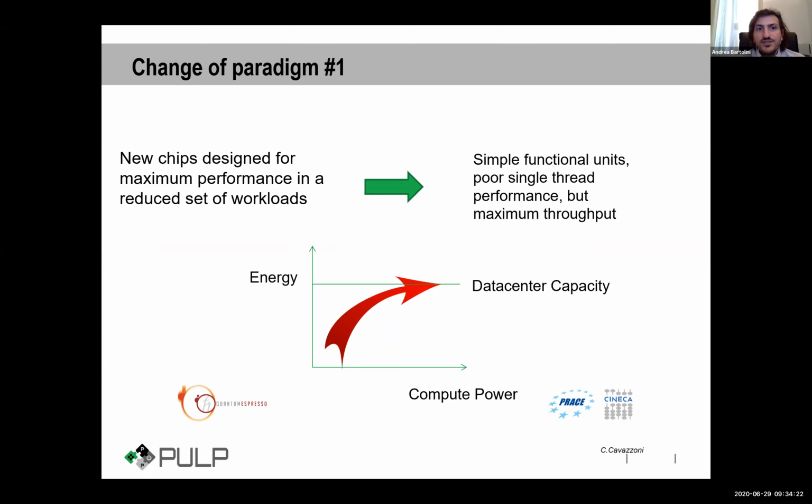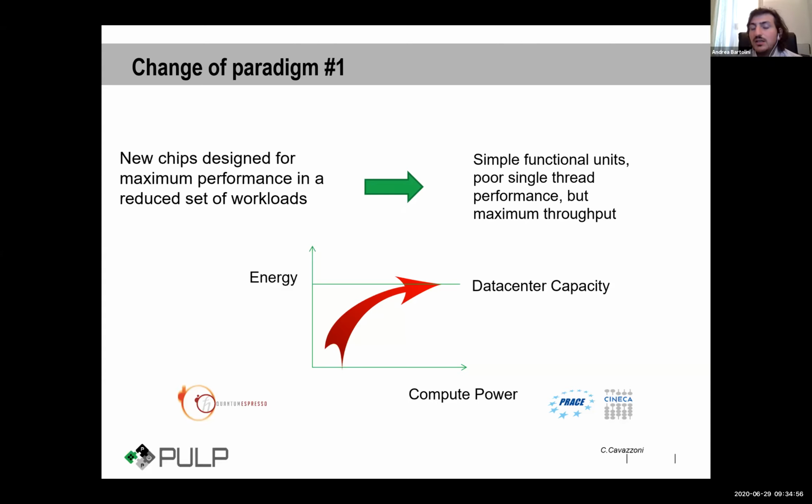So there has been a first change in paradigm already a few years ago, which has led to new processors in the HPC domain designed for maximum performance only on a reduced set of workloads. We will see which ones these workloads are in just a few slides. To do that, the design has moved to processors with simple functional units, giving up per-thread performance, but maximizing the throughput.